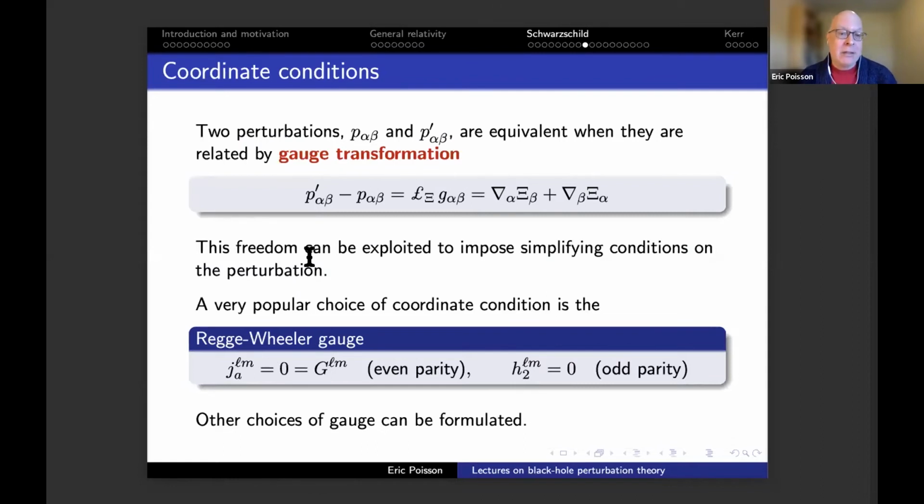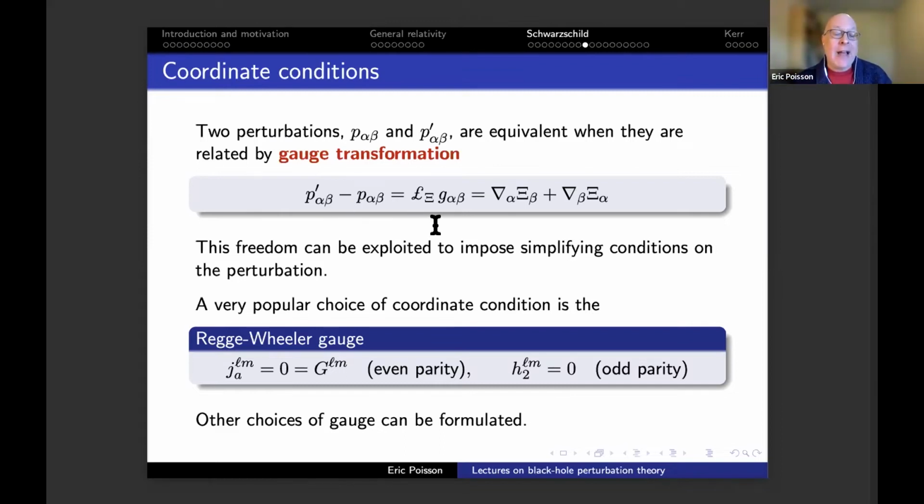I've talked at length about the need to impose a coordinate condition to make everything well behaved, to adjust the coordinate freedom that we have as we go from the unperturbed spacetime to the perturbed spacetime. And yesterday we talked about the fact that this corresponded to different ways of making identifications between points down here and points up here.